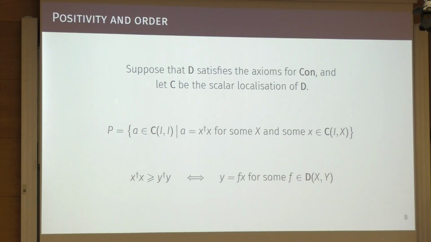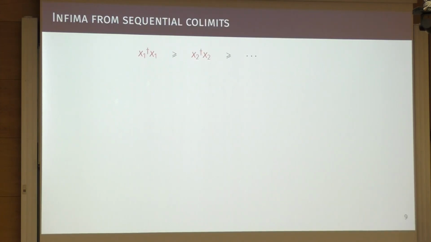Okay, so we have a notion of positive scalars, we have an ordering, and so the next step is we want to show that we have infima of decreasing sequences of positive scalars. So how does this work? Well, let's start with a decreasing sequence of positive scalars. I'm going to use red to denote morphisms in C, and blue will denote morphisms in D, so that in the picture you can keep the distinction. So this looks like a diagram like so.